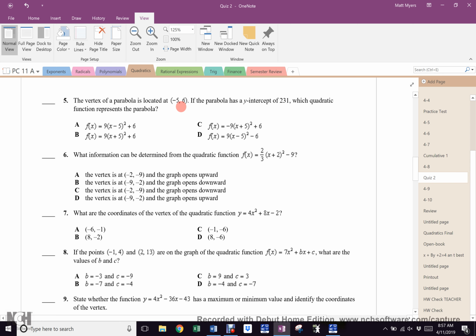And if it's got a vertex at positive 6, and then the y-intercept is way up at 231, it must be a happy parabola, so it is B. That was a bit of a tricky one. How many people got it? Let me know by your applause. Yay!